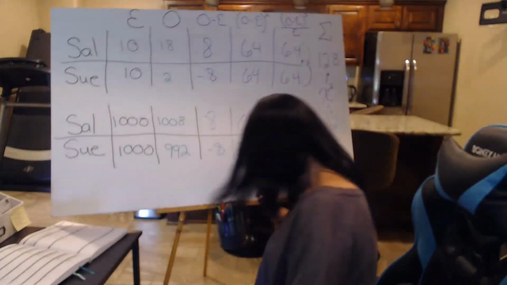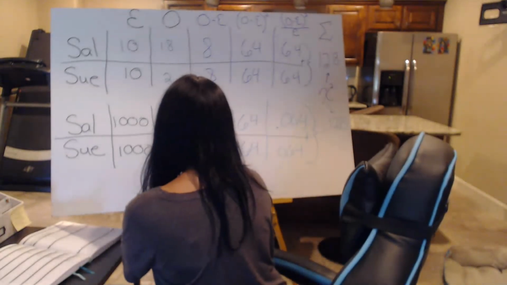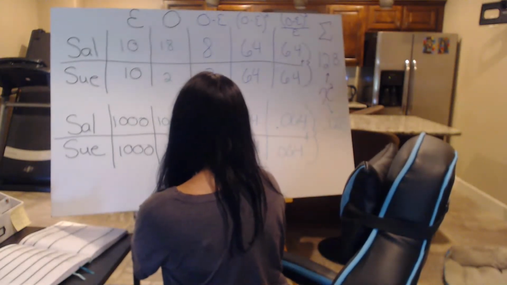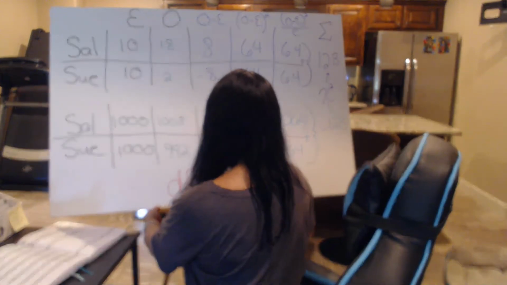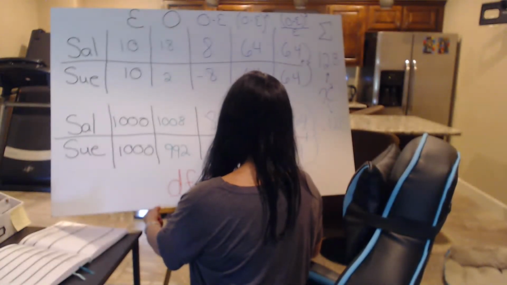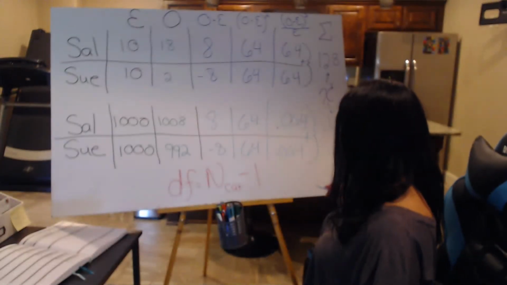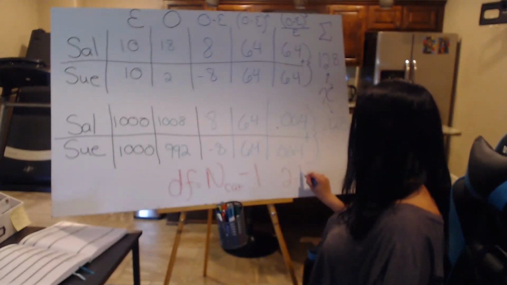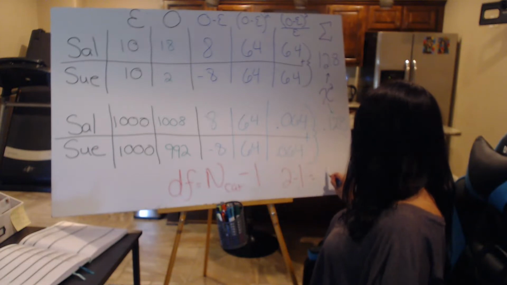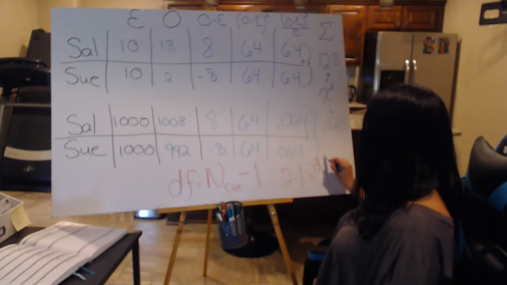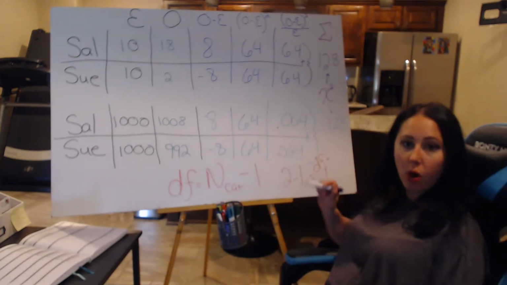So let me find a place to write this where I'm not sideways. So DF equals number of categories minus 1. So in this case, it'd be 2 minus 1. So it would be 1. So our DF, degrees of freedom, equals 1.